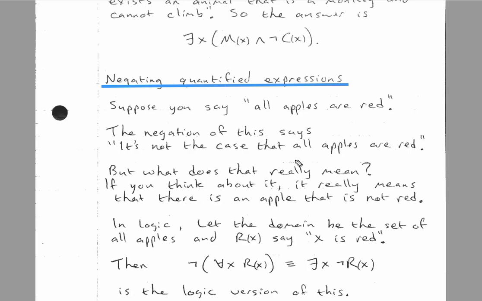Okay, so if it's not the case that all apples are red, what are you really saying? Well, it really means that there is an apple that is not red. So the opposite of saying all apples are red is saying there's an apple that's not red.